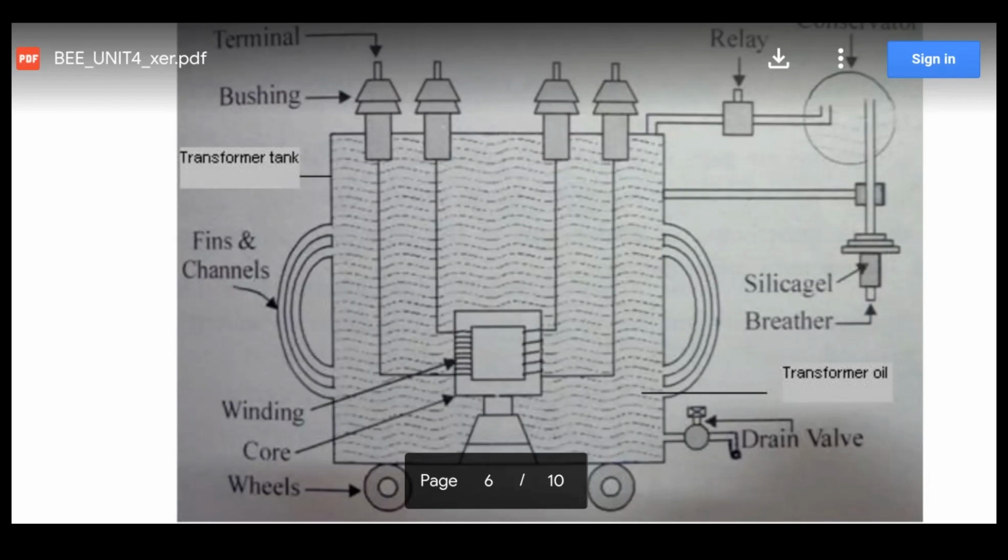So we have also mentioned here that the transformer tank should be filled with transformer oil to the fullest.